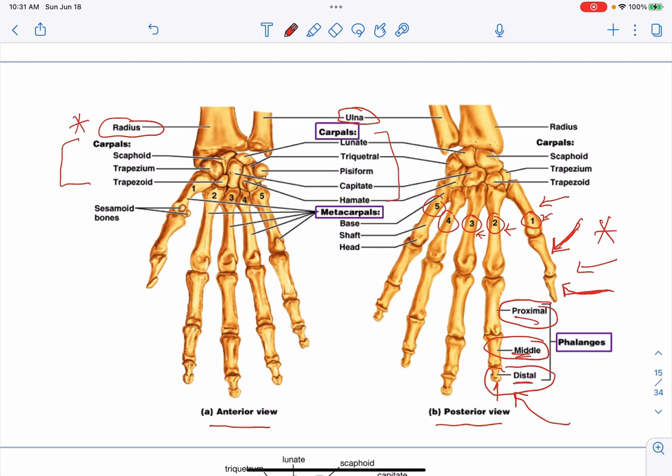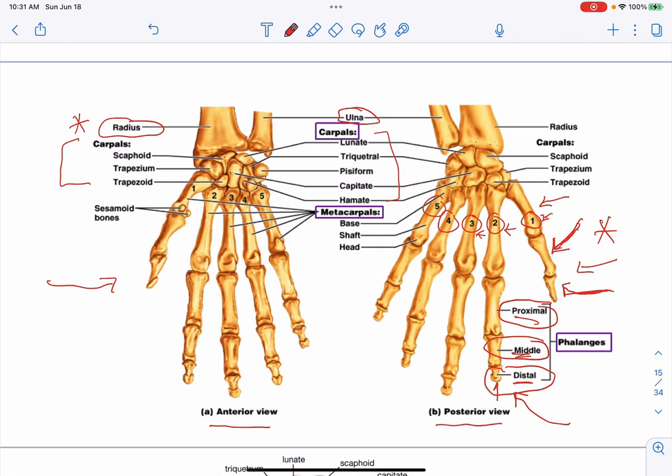And then you keep moving towards the 5th one. I really wanted to go over how these are named and numbered so that was clear before we moved on to the carpals.